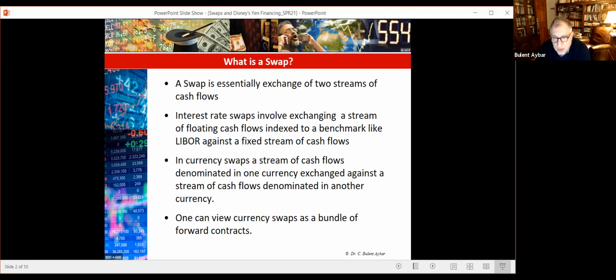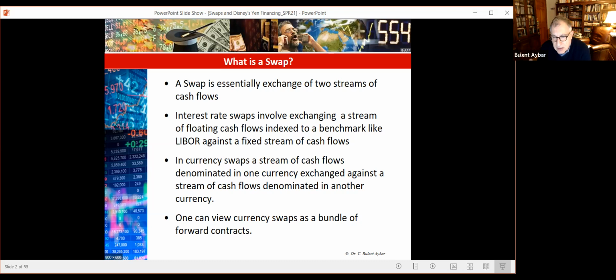In currency swaps, a stream of cash flows denominated in one particular currency is exchanged against a stream of cash flows denominated in another currency. We can view currency swaps as a bundle of forward contracts because the amounts that are going to be exchanged going forward are fixed as of today.